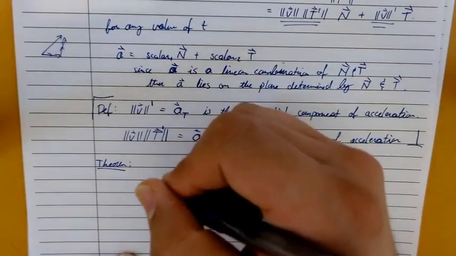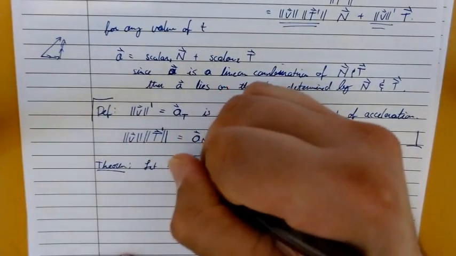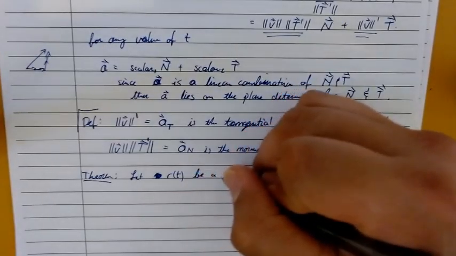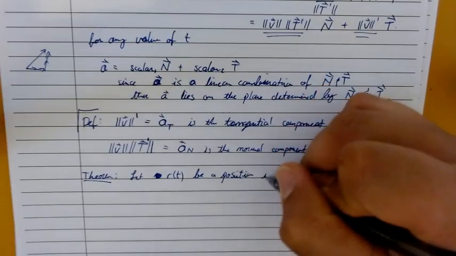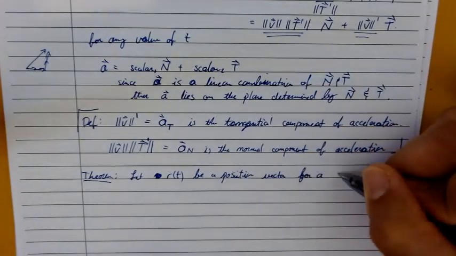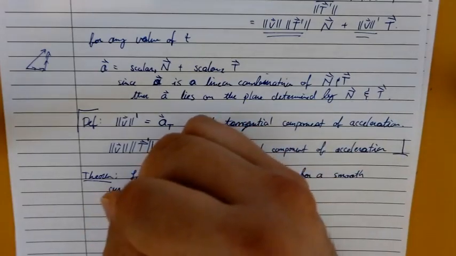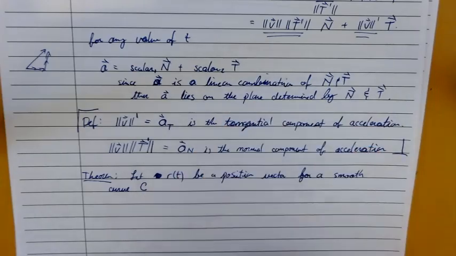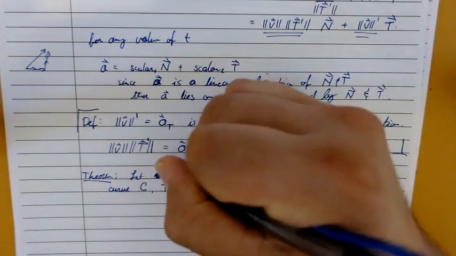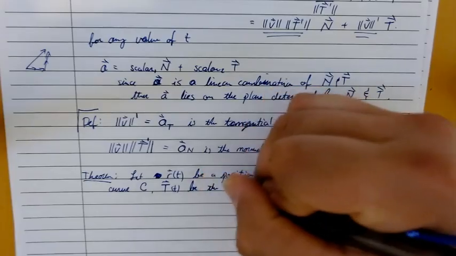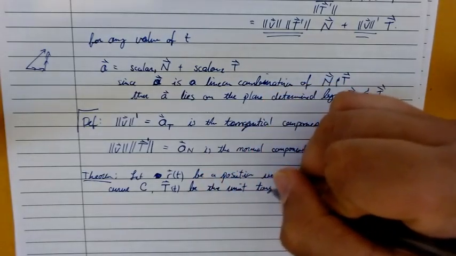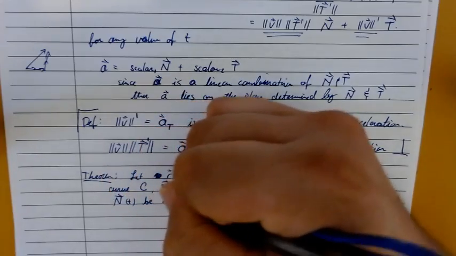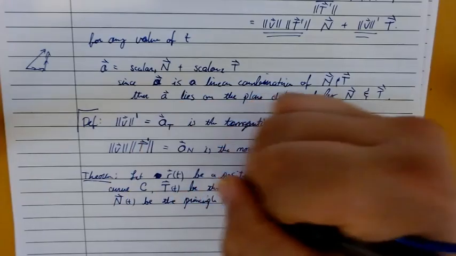Theorem: let r of t be a position vector for a smooth curve C, let T of t be the unit tangent vector, and N of t be the principal unit normal vector.